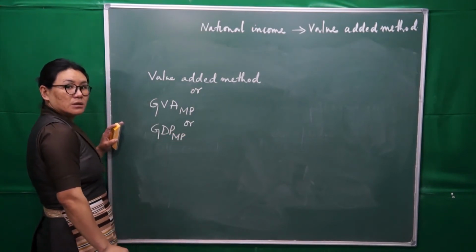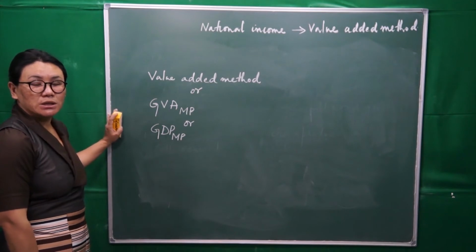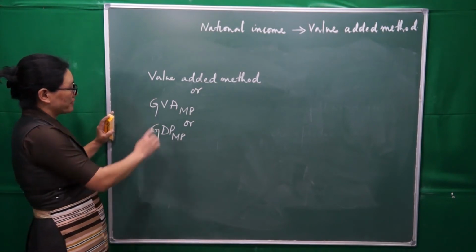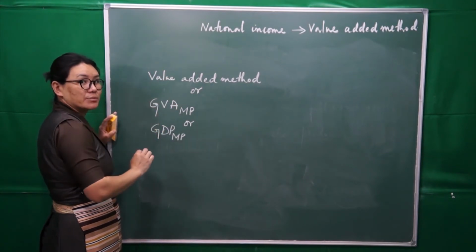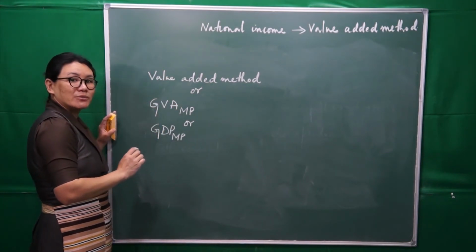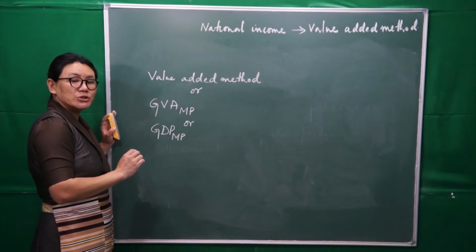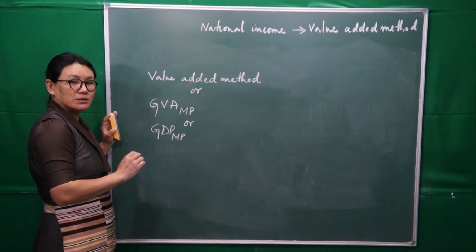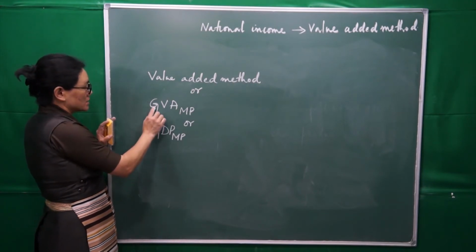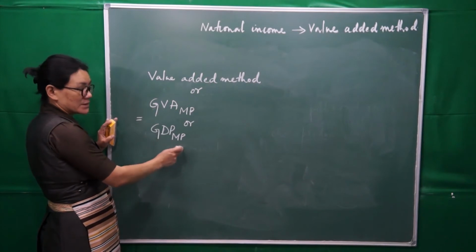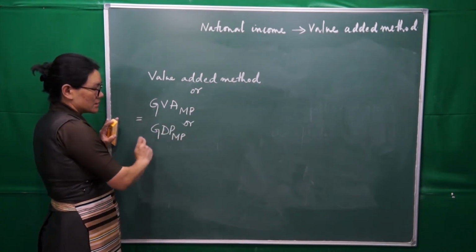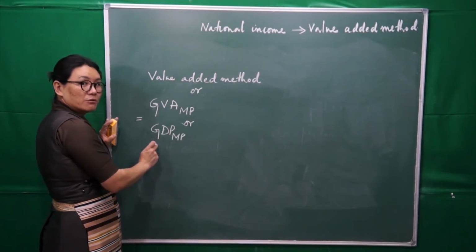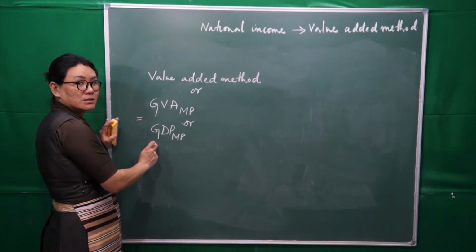Remember, in theoretical information, I said gross value added by whom? All the producing enterprises. We have classified them into 3 categories: primary, secondary, and tertiary sector. So this will be equal to GDP at market price. So what is this? This is the value of final goods and services.